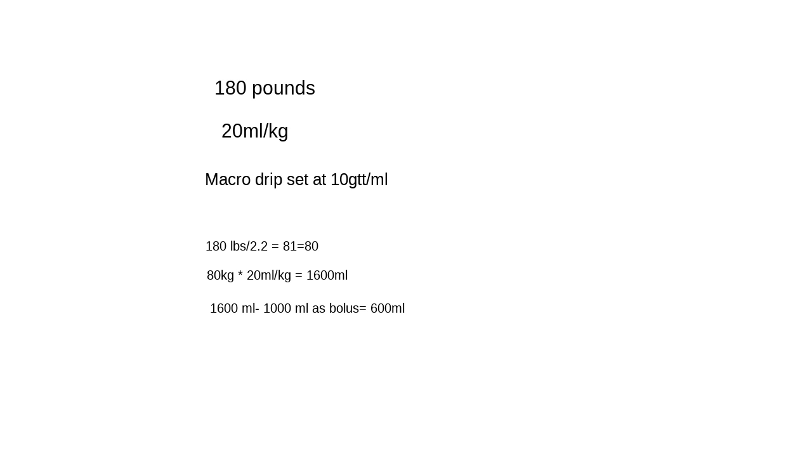Then using your formula, it is 600 mils times 10 drops per mil divided by 60 minutes. That's going to equal 100 drops per minute.